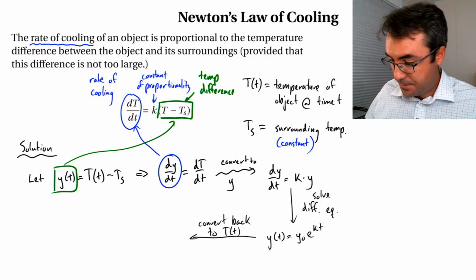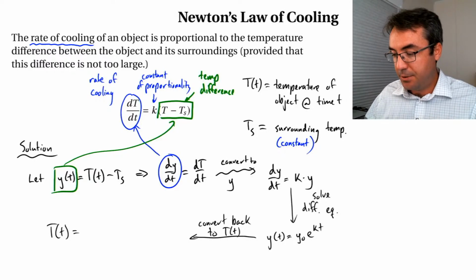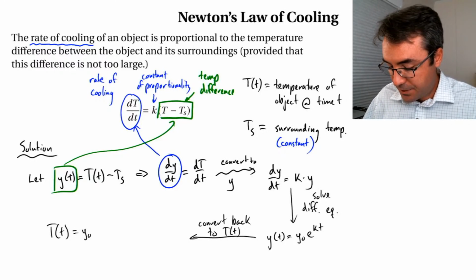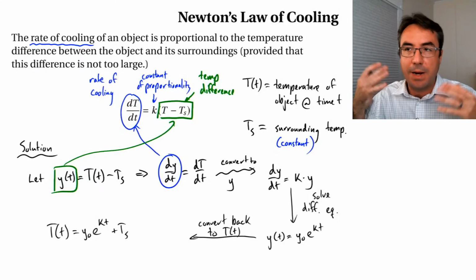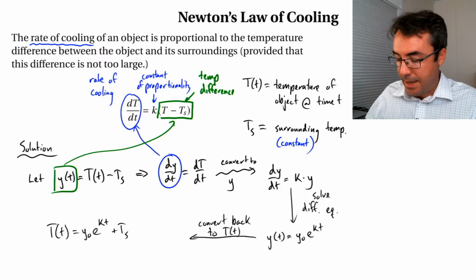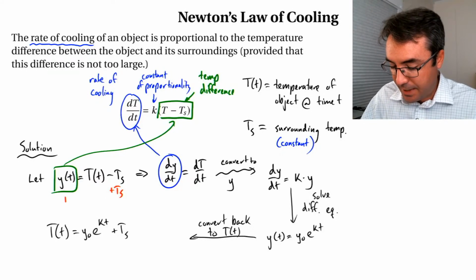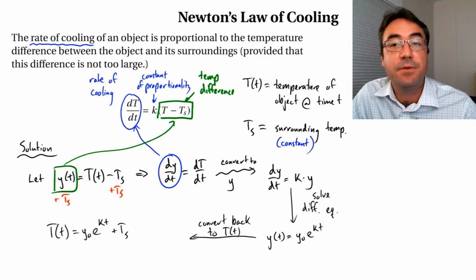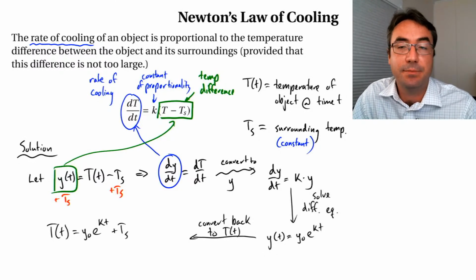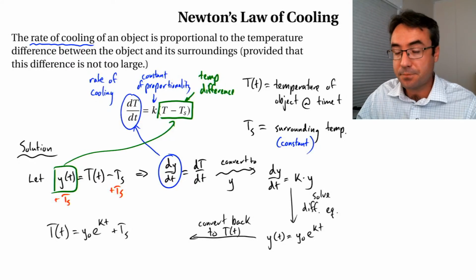If we plug that in, we get the temperature function is equal to y of 0 e to the power kt plus our surrounding temperature. Just to see why we get that, we're trying to solve for the capital T function, so just add T sub S to both sides, and we know what y of t is, so fill that in.